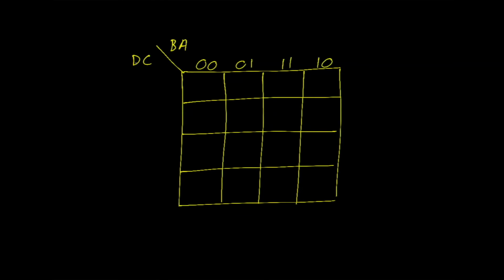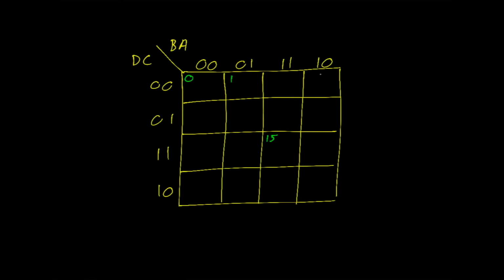And now for the rows, DC can take on the values of 0, 0, 0, 1, 1, 1, or 1, 0. Now we identify each cell by its minterm. So 4 zeros would give us minterm 0. The other simple one is all ones. So that cell would be 15.